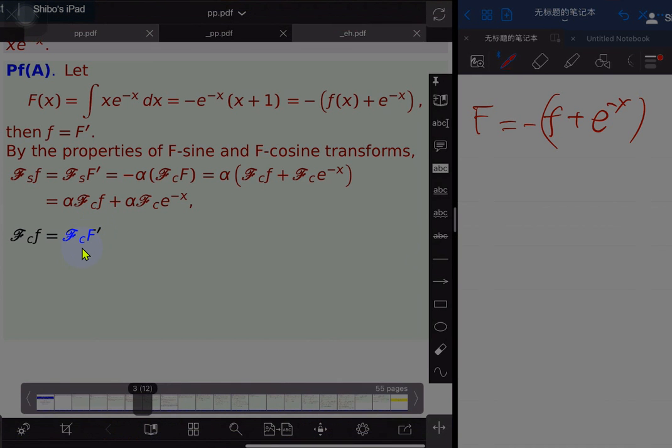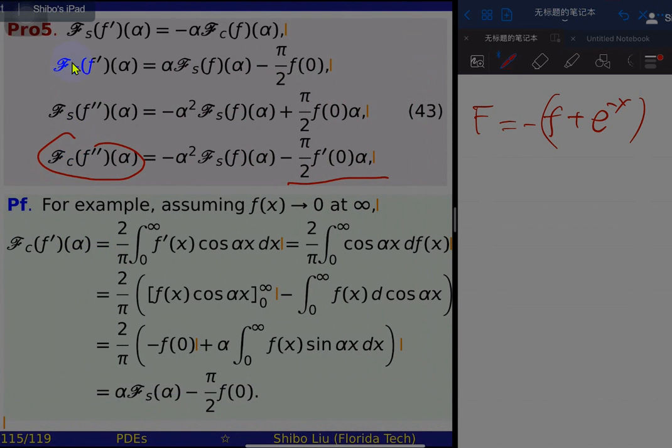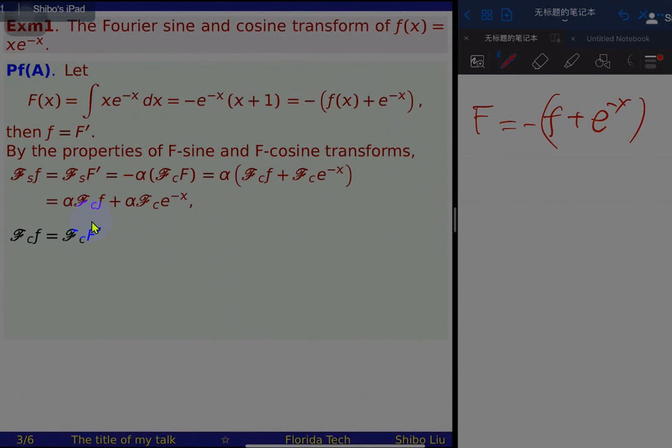Okay, let's check. Fourier cosine applied to a derivative equals alpha times Fourier sine applied to the function minus half of pi f(0). Using this property, we can compute Fourier cosine applied to capital F prime equals alpha Fourier sine applied to capital F minus half of pi f(0).